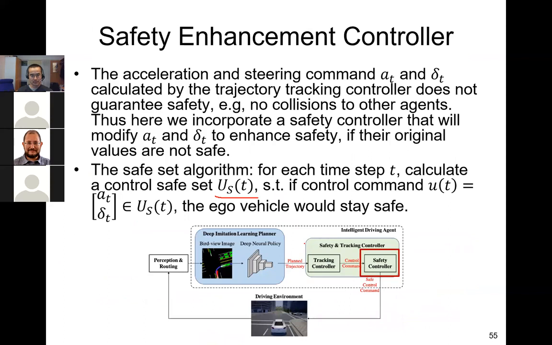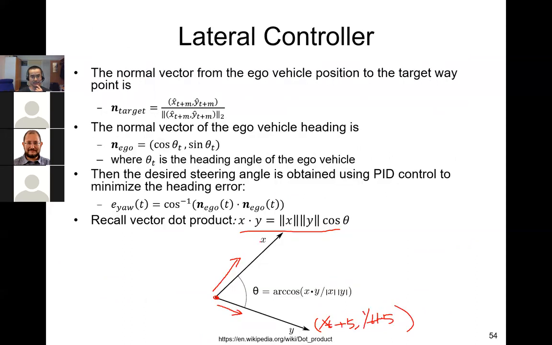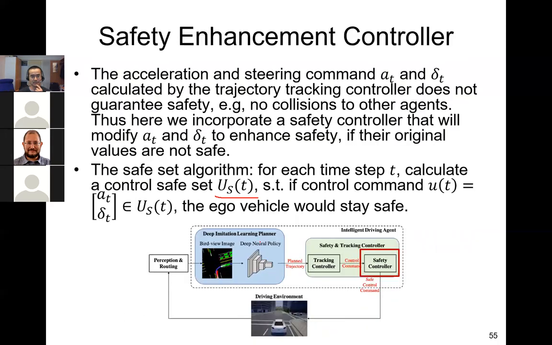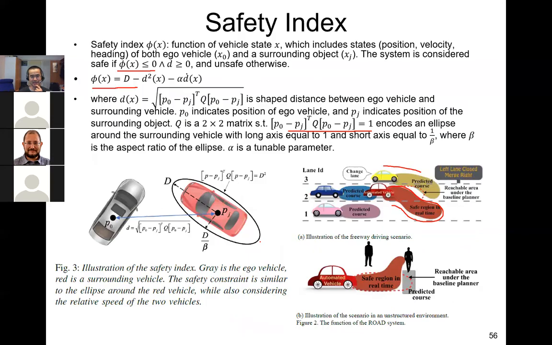So where do they do that? It doesn't show here. In this image, the deep imitation learning planner is just predicting the current vehicle's trajectory. Where does it predict the other vehicles? It doesn't say. Yeah, they should predict it. Otherwise, you can't get the d dot.